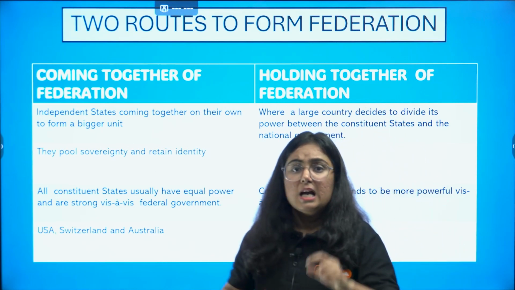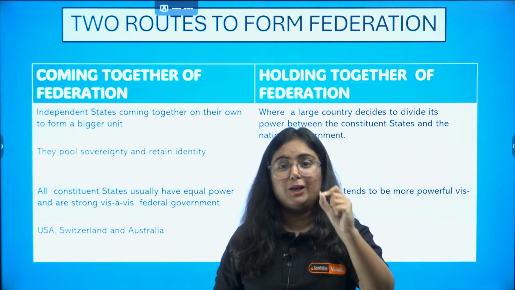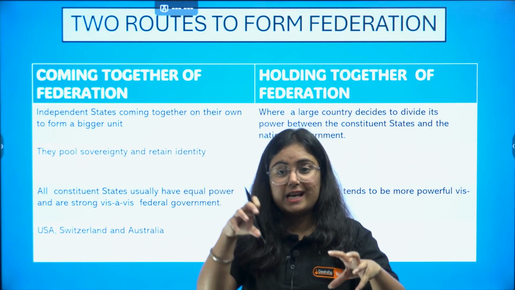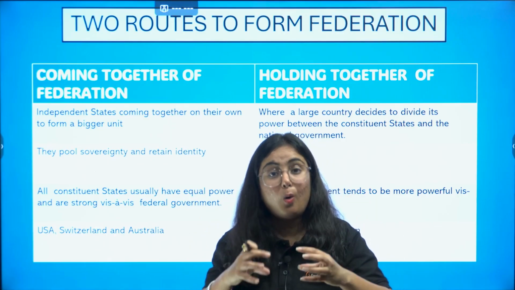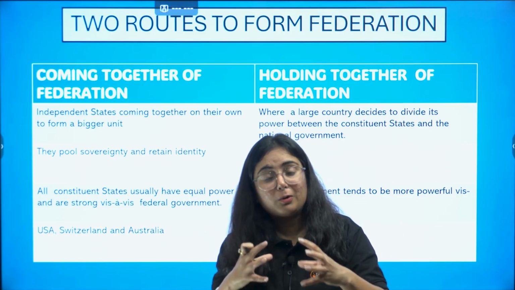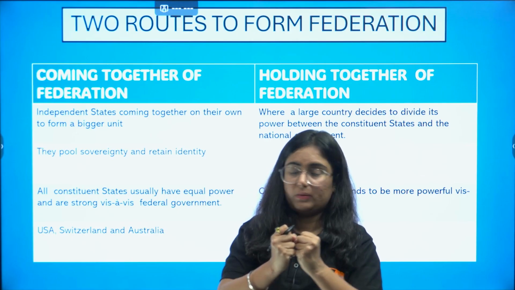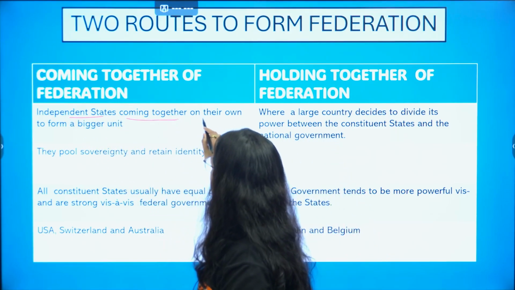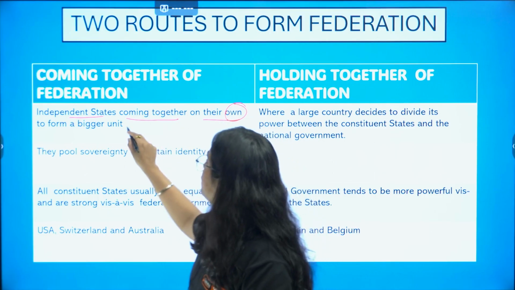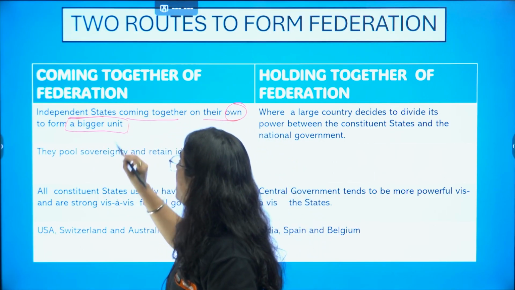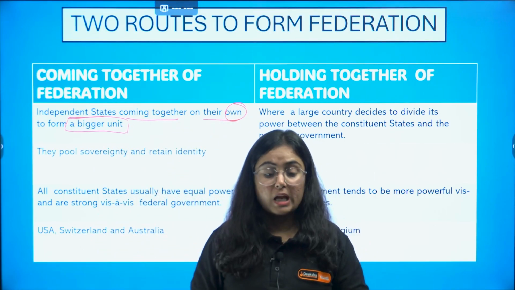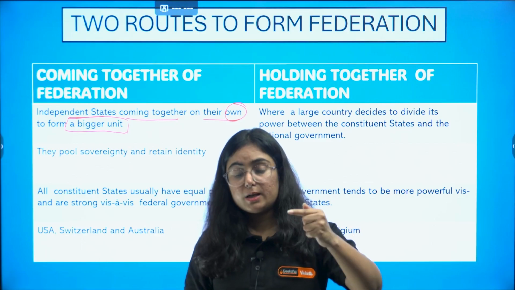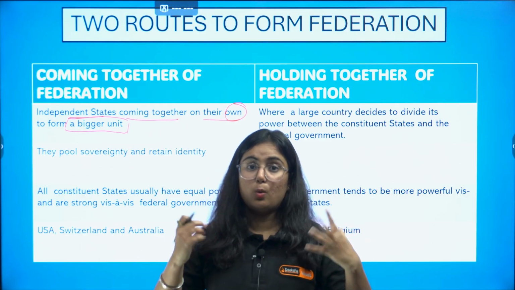Now, the word coming itself makes it clear that certain states are coming by their own will and forming a nation. So independent states come together on their own to make a bigger unit. Whenever they are coming at their own will, they want their sovereignty.